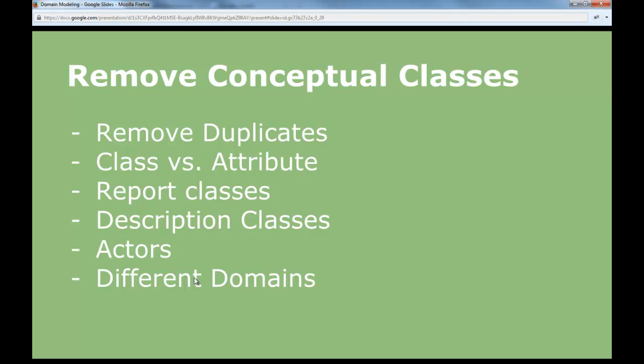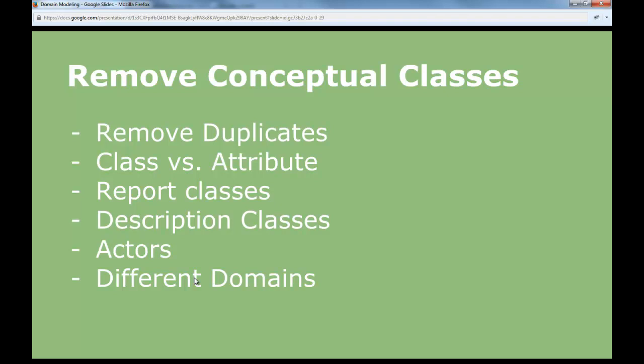Sometimes these are good conceptual classes. Sometimes we need to store some kind of information. We need to know that the student has attended a couple of courses because he's supposed to be able to print his student course report. In other cases, the actors are just the people that can do things.